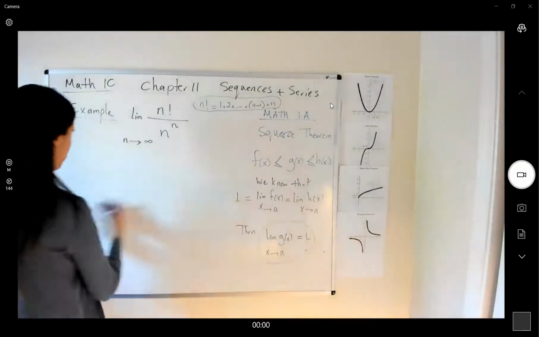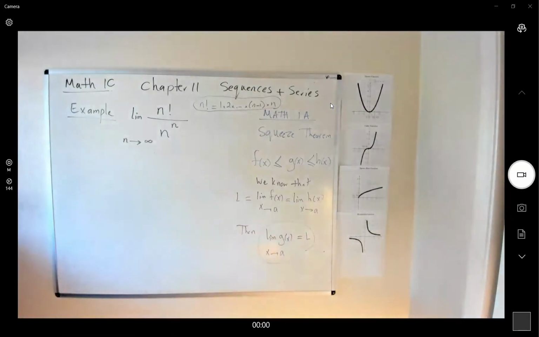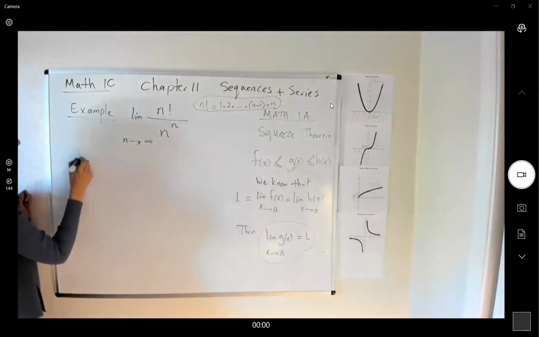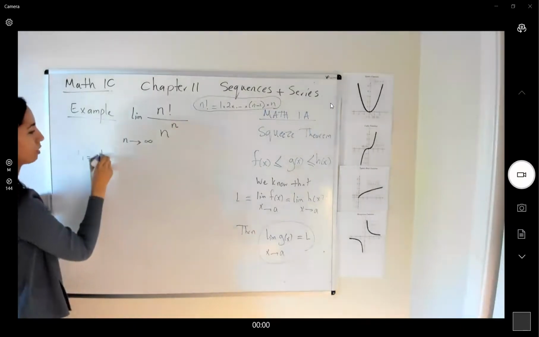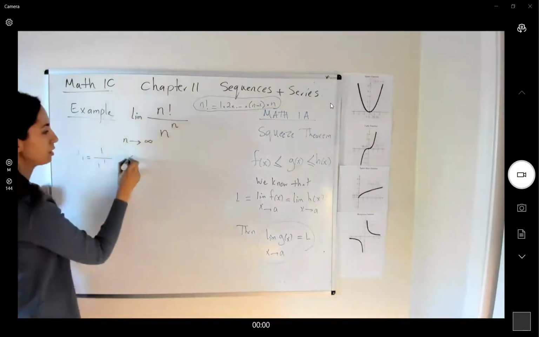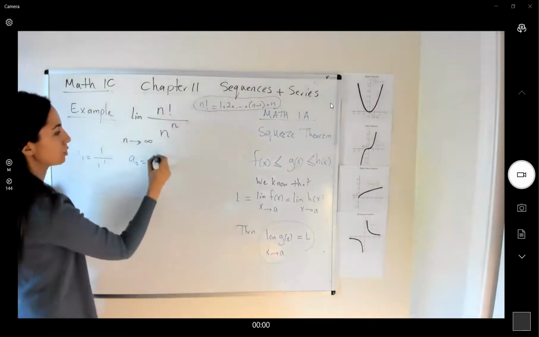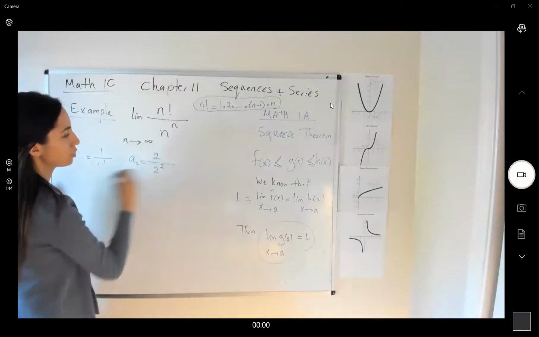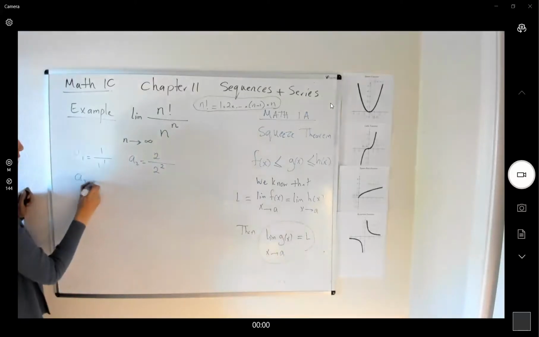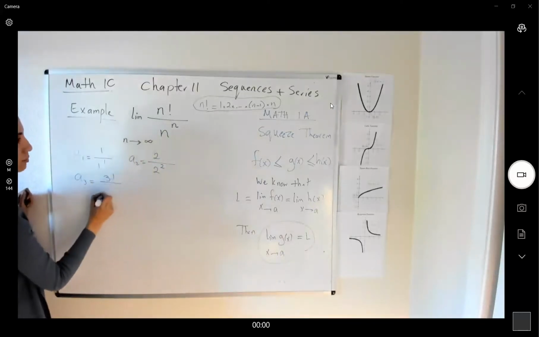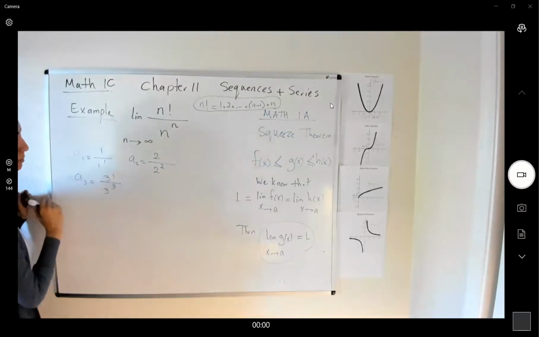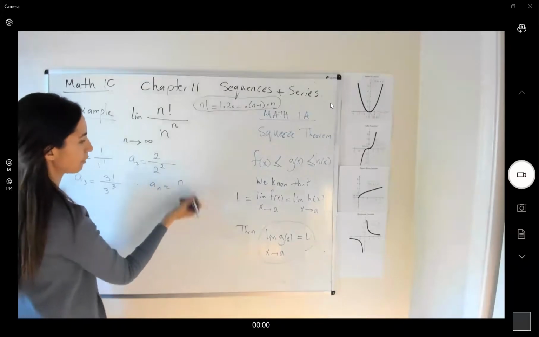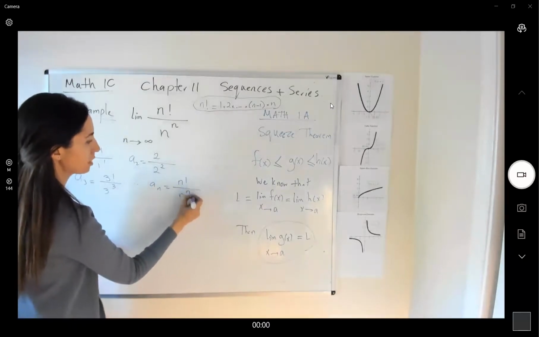Perfect. Let us analyze this sequence. a sub 1 is equal to 1 over 1 raised to 1. a sub 2 is equal to 2 factorial divided by 2 raised to 2. a sub 3 is 3 factorial divided by 3 raised to 3, and so on. n factorial divided by n raised to n.